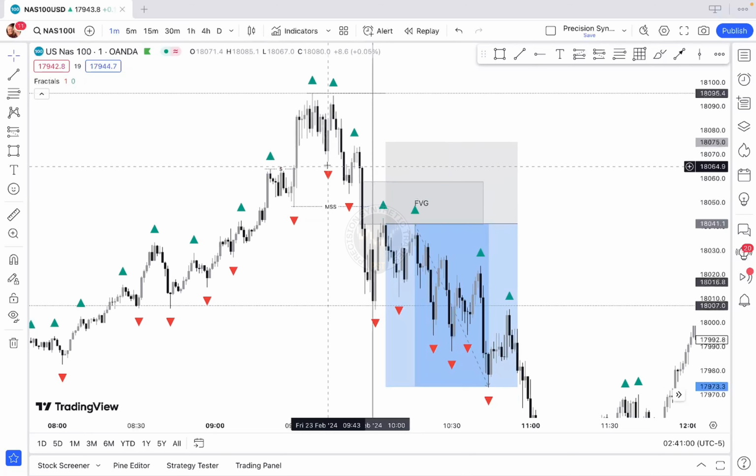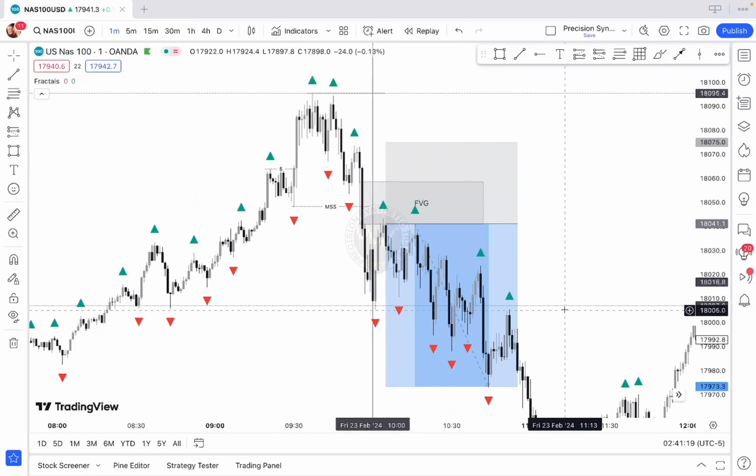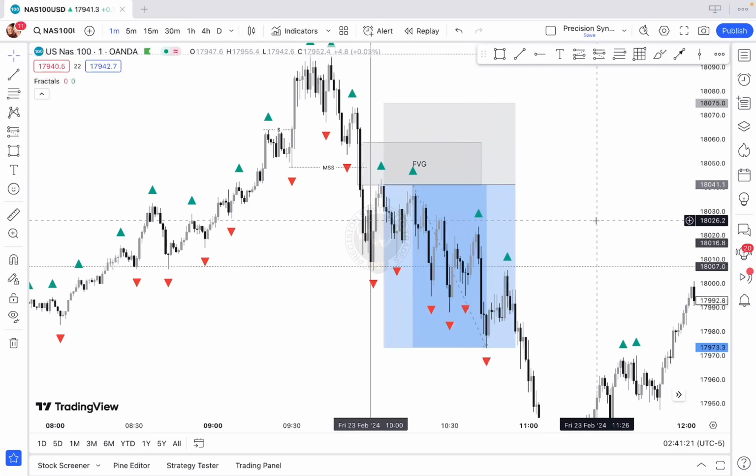The reason why I use these fractals is to make it a little bit easier for you to identify highs and lows. For this strategy, I like to make the market structure shift a valid fractal high or low. Huge impulse move, enter from the fair value gap and straight to your target.